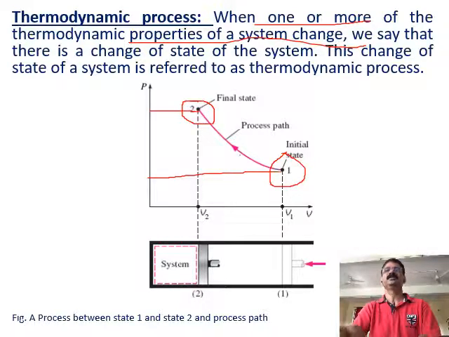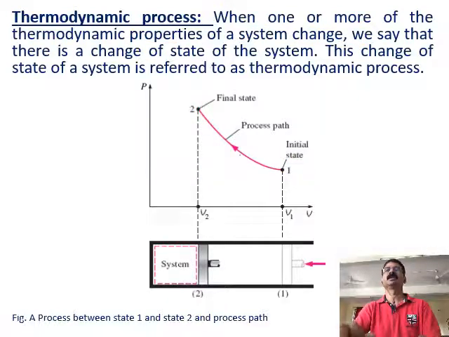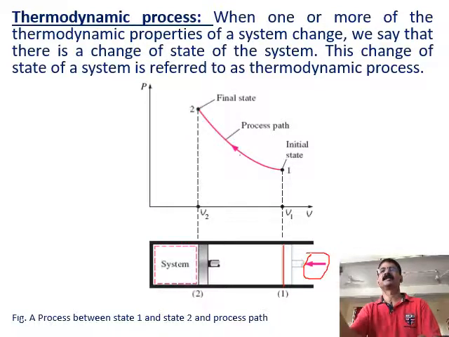Now in the diagram you can see, to explain that, he has taken up a piston cylinder arrangement. Initially the piston will be at this point, that is the initial state 1, and after compression you can see the arrow mark, external work is done on the system. Why is it called external work? Because it comes from somebody external to the system.